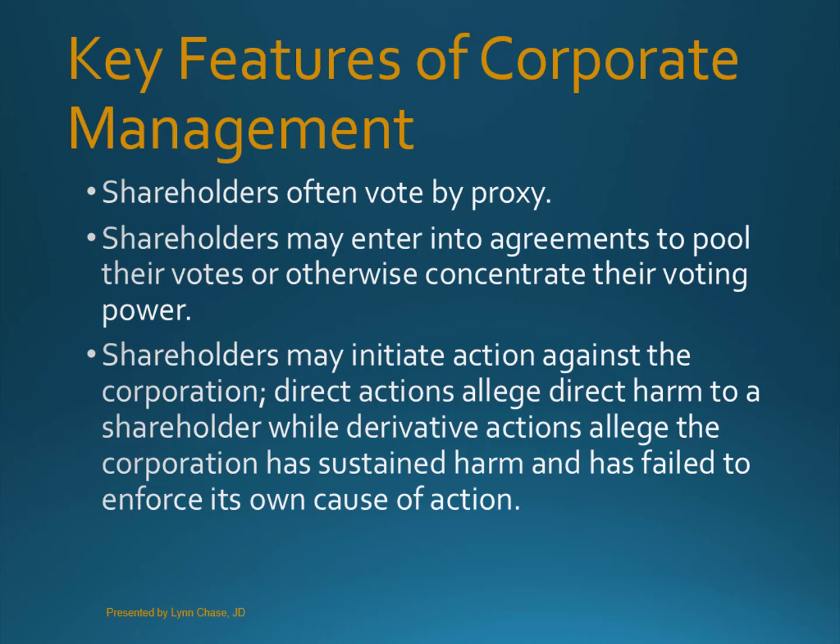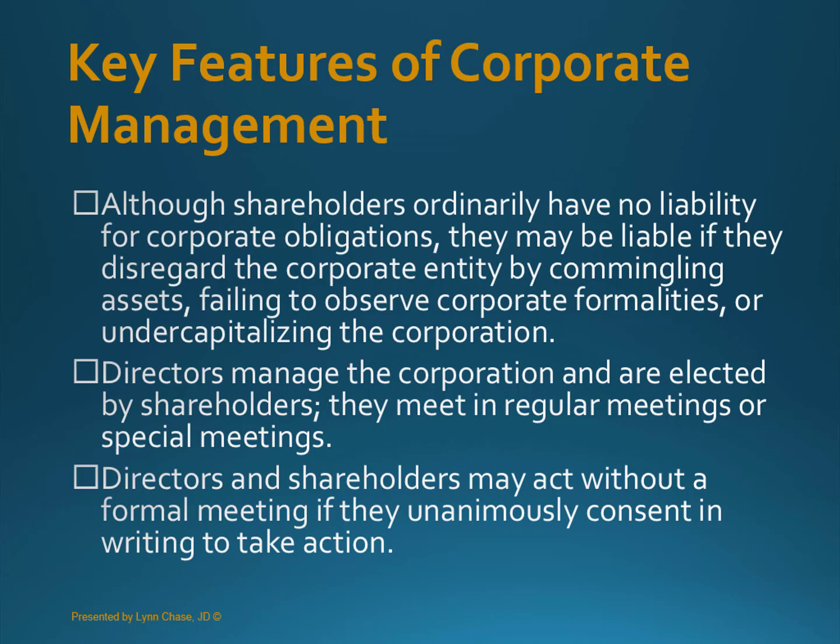They may initiate actions against the company and can enter into agreements with other shareholders to vote or affect the operation of the corporation. Shareholders ordinarily do not have personal liability for acts of the corporation, but may become personally liable if they disregard proper corporate governance.